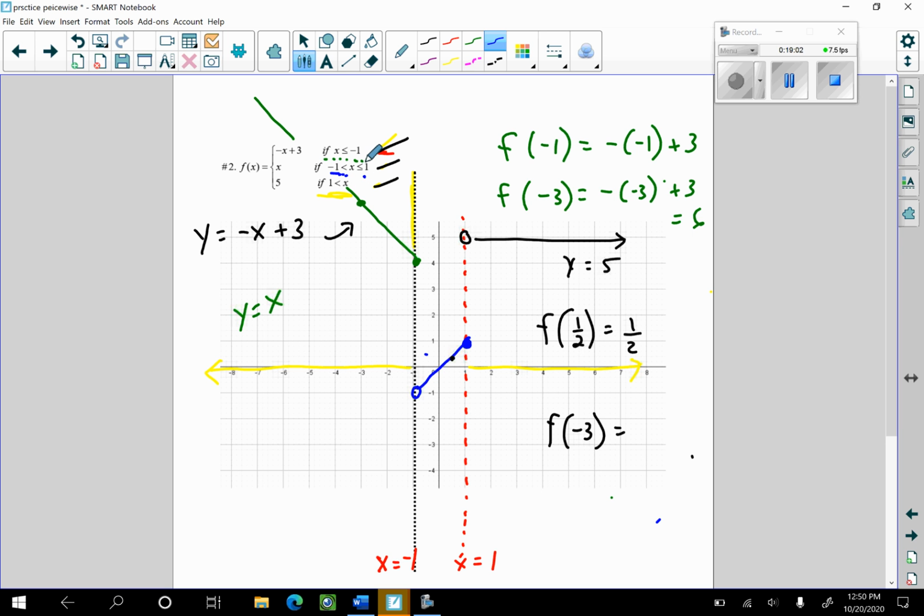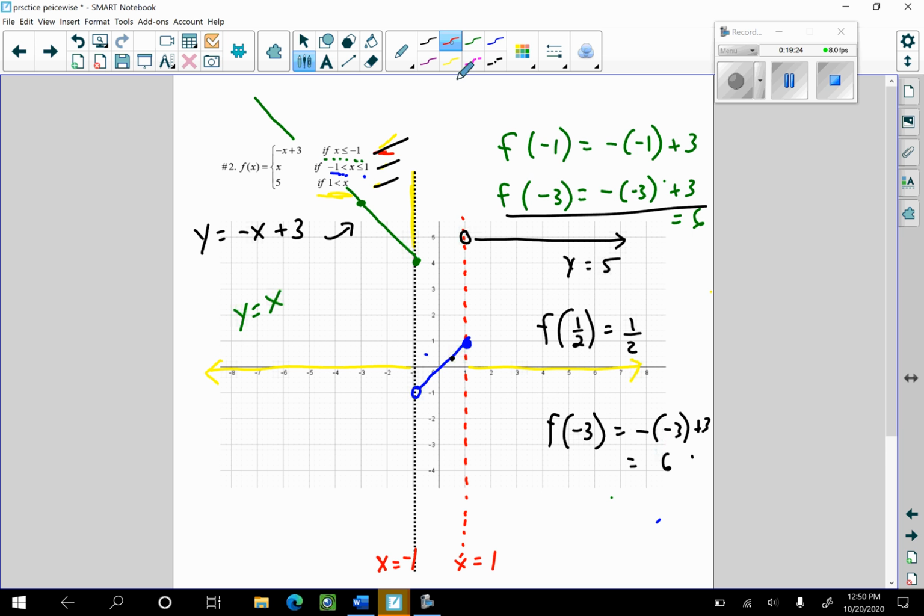Is negative 3 less than negative 1, between negative 1 and 1, or greater than 1? The top. So that's going to be negative. I already found that. I kind of tricked you, didn't I? That's equal to 6.